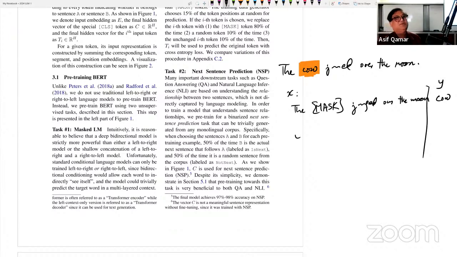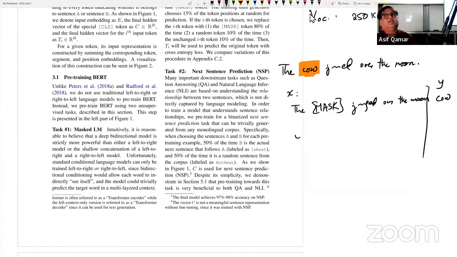So the machine's softmax must give the highest probability to which word? Cow. The vocabulary, and we have to look at what vocab size they use, these days it's very common to use about 250K. For example, RoBERTa uses 250K. For mask, jumped over the moon, you need the highest probability on cow.